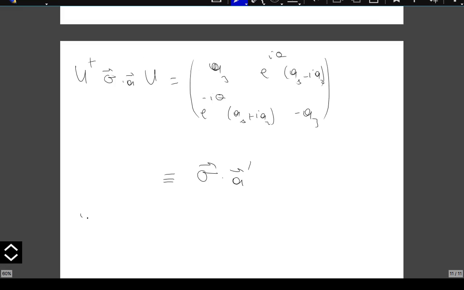Now sigma dot A prime is just A3 prime, A1 prime minus i A2 prime, A1 prime plus i A2 prime, minus A3 prime.